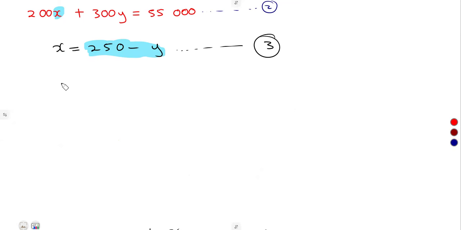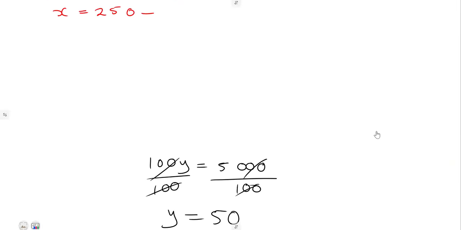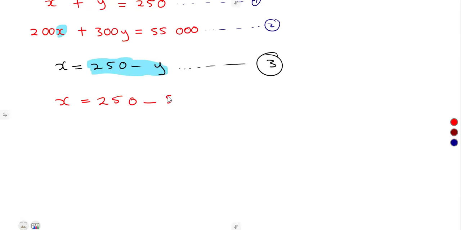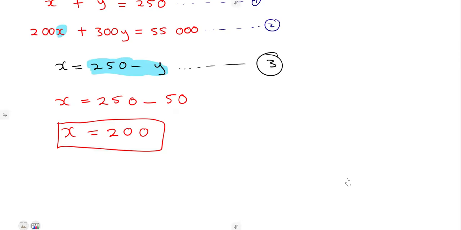In equation 3, x is equal to 250 minus y. Remember, y is equal to 50. So x is going to give us 200.